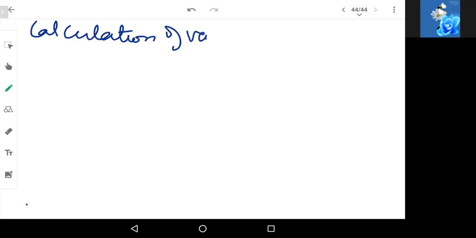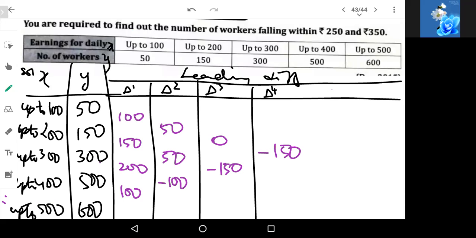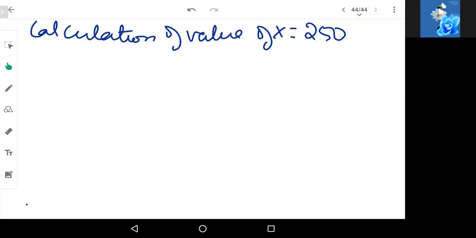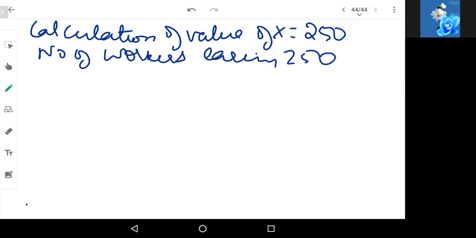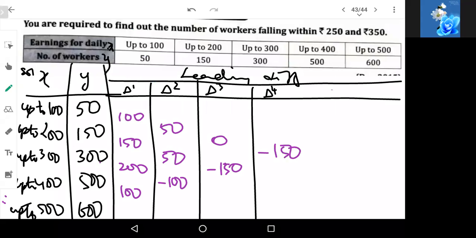of value of x when x is 250. So if you see the question, they have told when it is 250 and 350. So we are supposed to consider x as 250 first. So number of workers earning 250, x is equal to 250 is the x to be interpolated minus what is the origin of x?